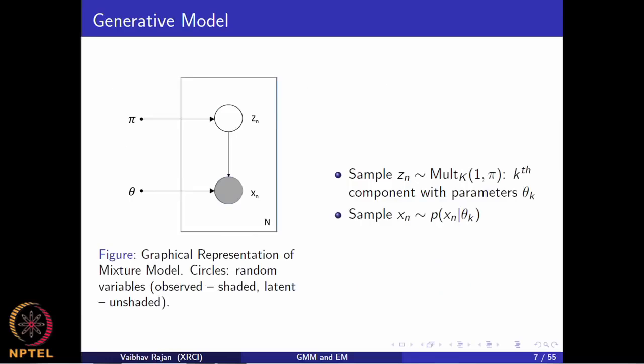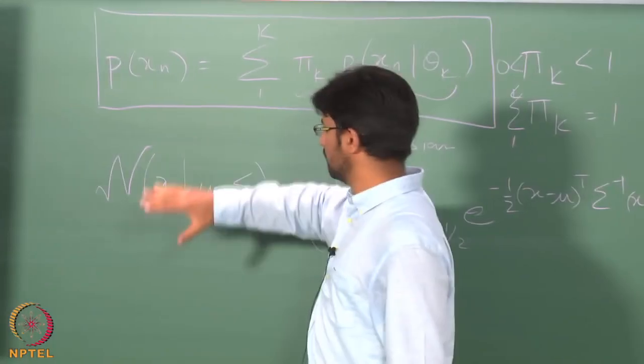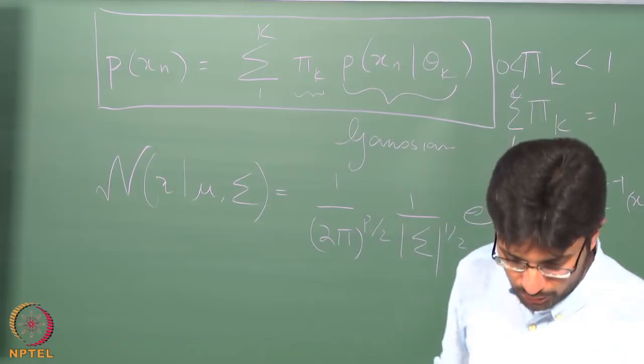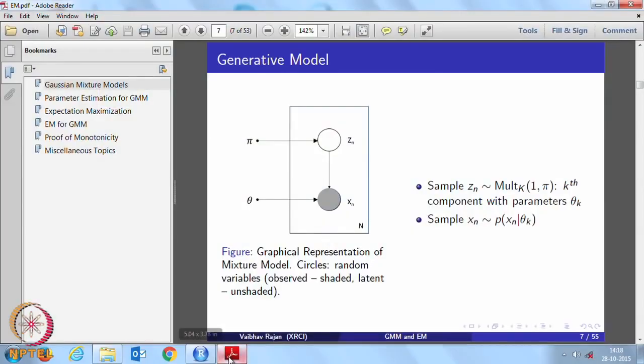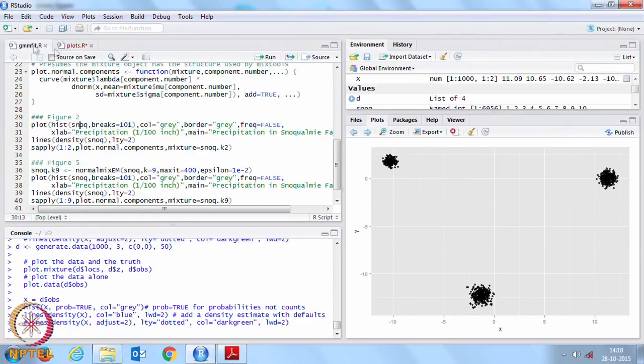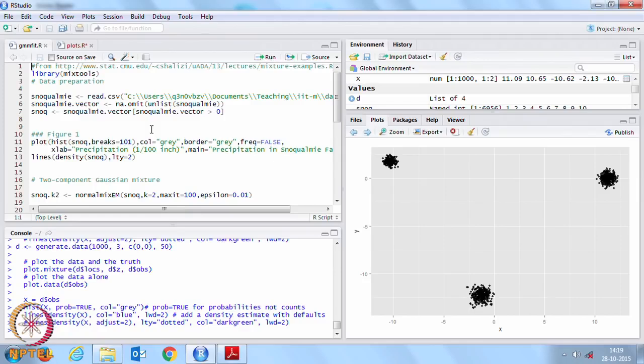Right. So, before I go into that, remember this is just another distribution. One use of it, as I just showed, is to model clustered data, but you can also model other kinds of data with it. For example, let us look at another data set.